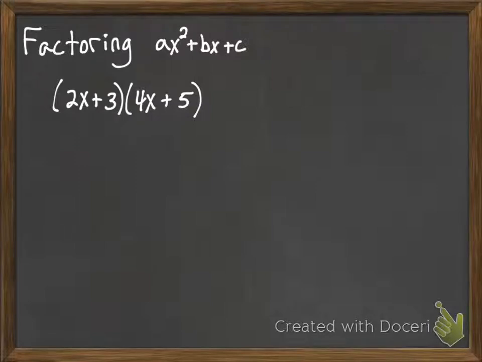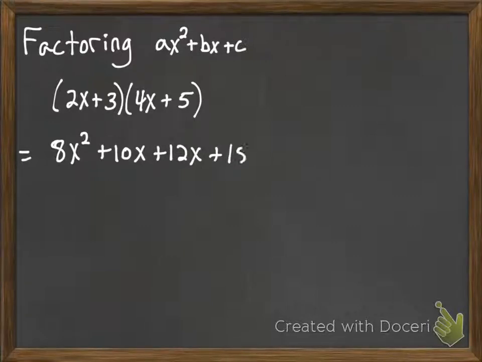And let's just go ahead and multiply that out, and you may want to take some time and do that on your own. When we multiply that out, 2x times 4x is 8x squared, 2x times 5 is 10x, 3 times 4 is 12x, 3 times 5 is 15. We can then combine our like terms.